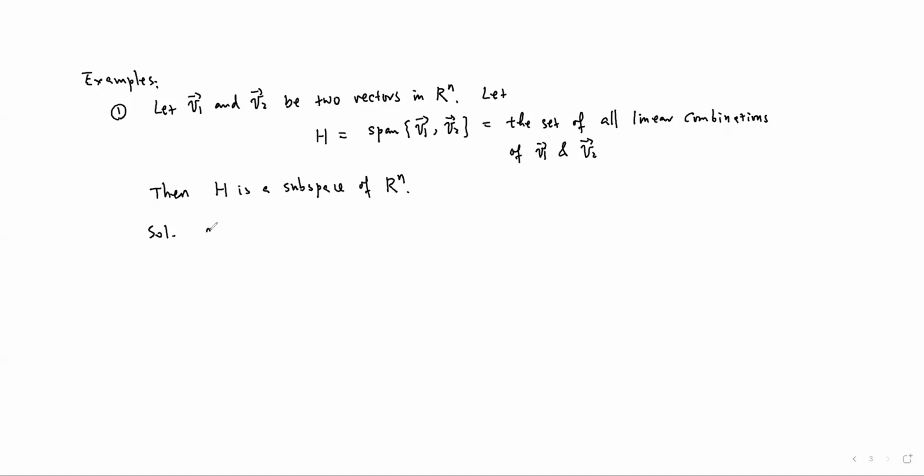Number one, 0 is in H. Why? Because 0 is a linear combination of V1 and V2. How to see that? 0 is the scalar 0 times V1 plus the scalar 0 times V2. Therefore, 0 is in H.